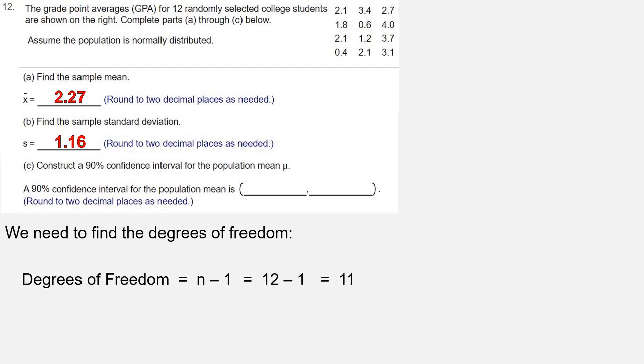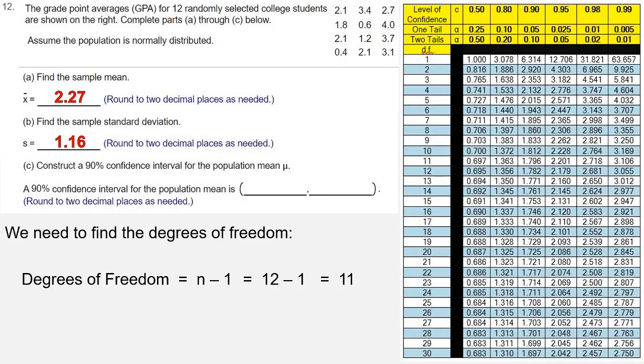We then turn to the t-distribution and find where the row for the degrees of freedom intersects the column for the level of confidence. For 11 degrees of freedom and 90% level of confidence, that gives us a t_c value of 1.796.